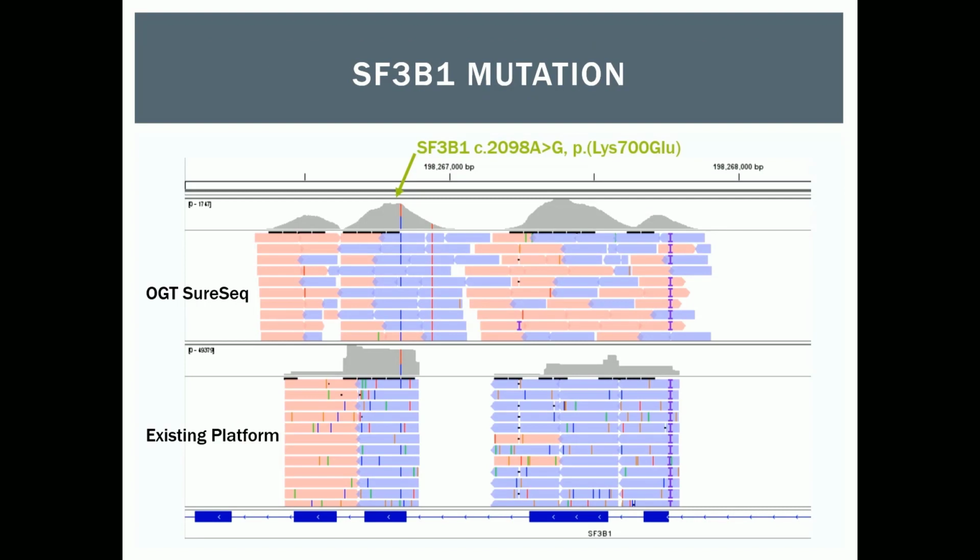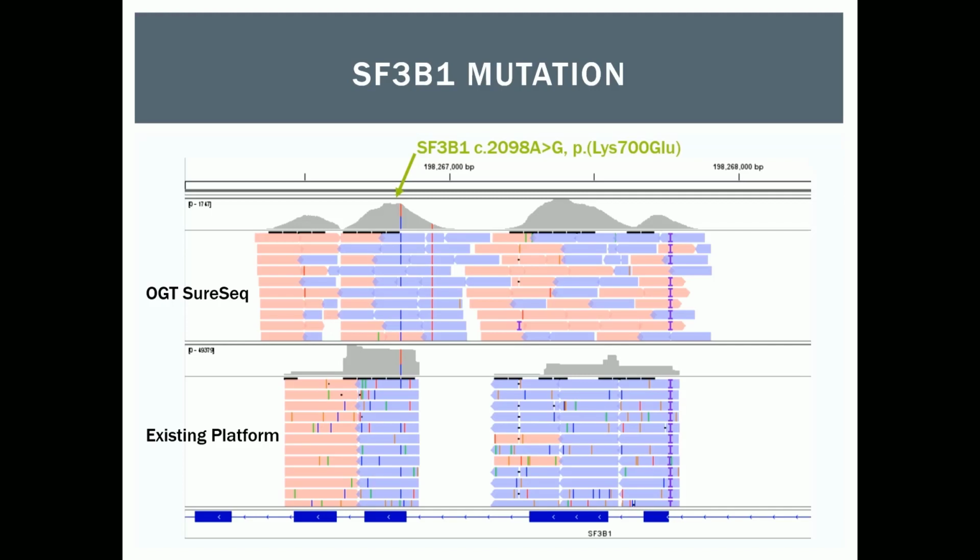We also examined 61 samples using both the existing amplicon-based panel and the SureSeq capture hybridization panel. Shown here is a common recurrent SF3B1 mutation that was nicely detected in one sample by both technologies with an allele frequency of around 46%. The gene is depicted below at the bottom of the image, exonic sequences represented by blue boxes.